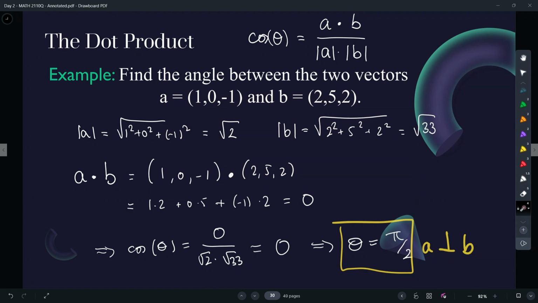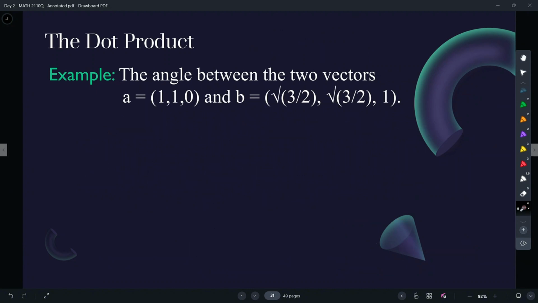Same difference, they're perpendicular. Or if you know the domain for arc cosine, we measure in a certain domain so that there are no repetitions, and the answer is uniquely pi over 2.